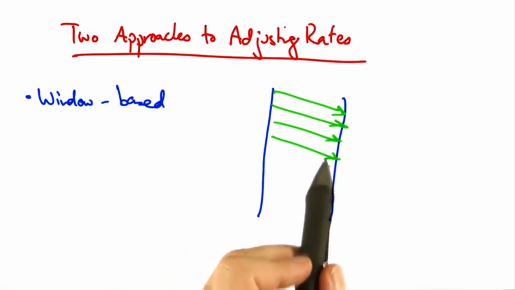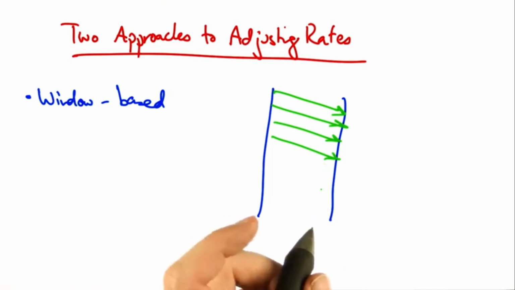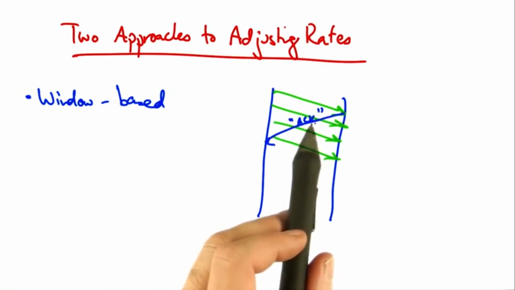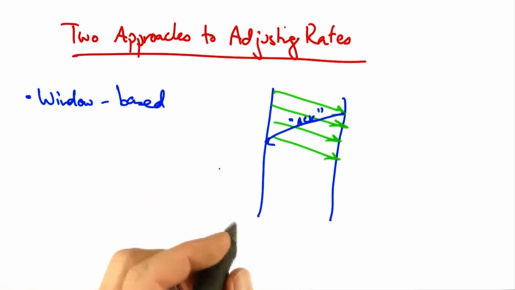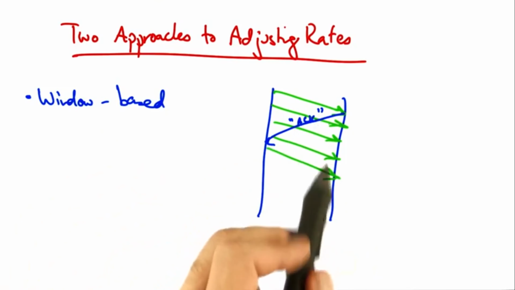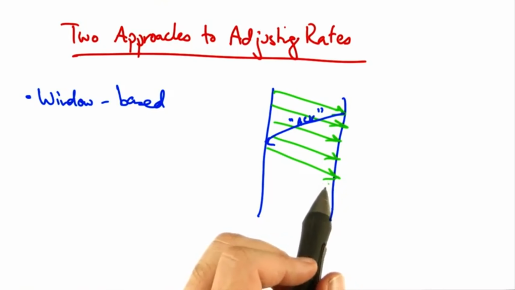At this point, there are 4 packets outstanding in the network, and the sender cannot send additional packets until it has received an acknowledgment from the receiver. When it receives an acknowledgment, or an ACK, from the receiver, the sender can then send another packet. So at this point, there are still 4 outstanding, or 4 unacknowledged packets in flight.